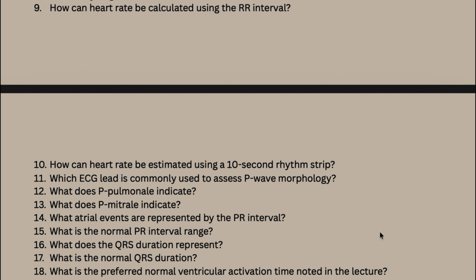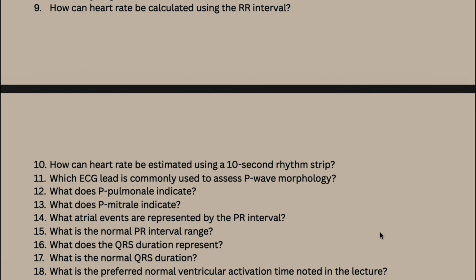P pulmonale pattern indicates right atrial enlargement, whereas P mitrale pattern indicates left atrial enlargement. Please excuse my pronunciation. Recognizing these patterns allows you to identify atrial enlargement on the ECG.